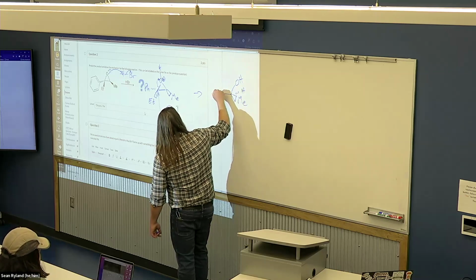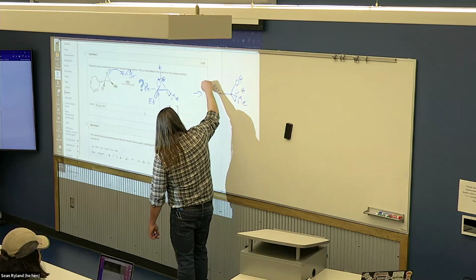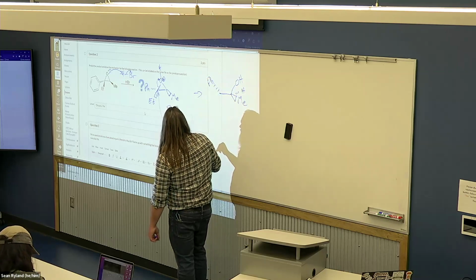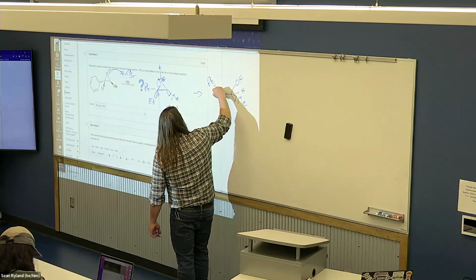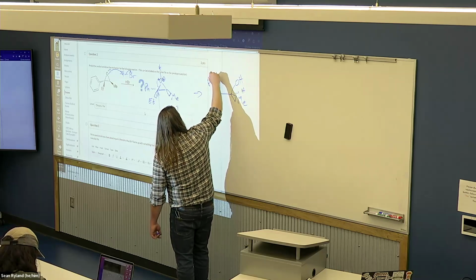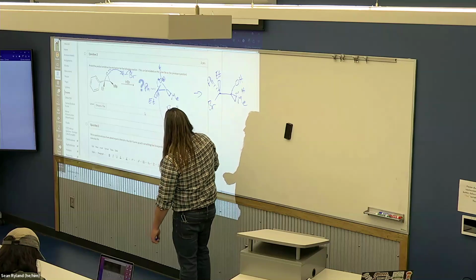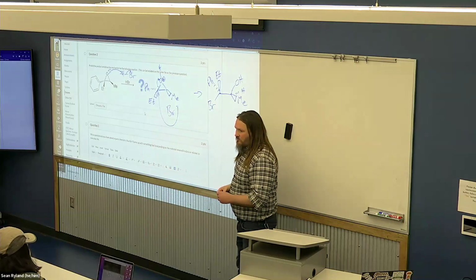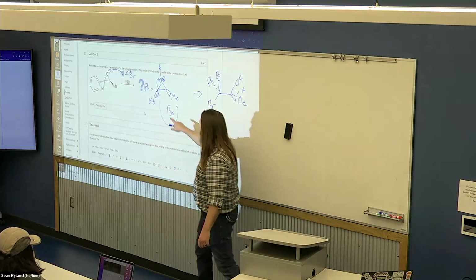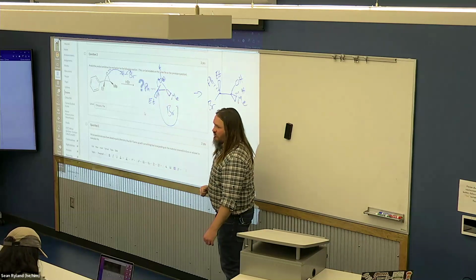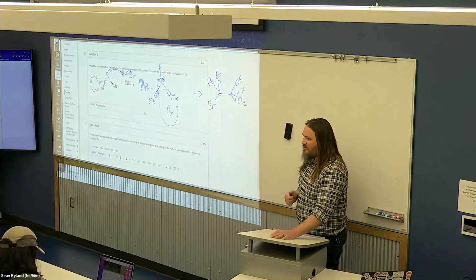Now on the other side, we get our phenyl group up and into the board, our ethyl group up and out of the board, and our bromide down to the left. So 180 degrees from where that oxygen was, right? Coming in from the opposite side.